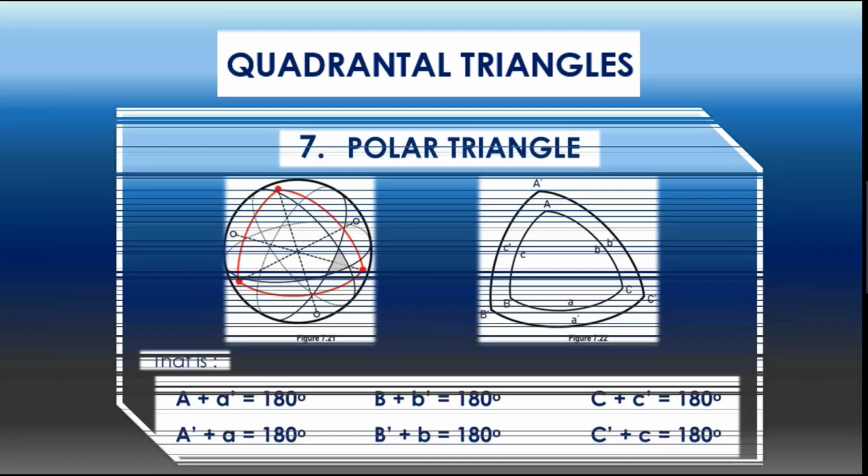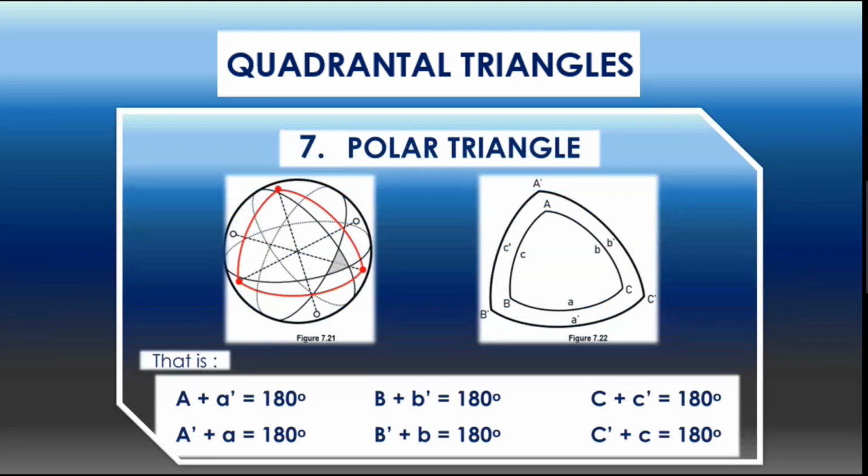Okay. So if you can recall our discussion in the previous module, we do have what we call the polar triangle. Actually, this slide is from the previous module's PowerPoint presentation. I only put it here in this lesson.